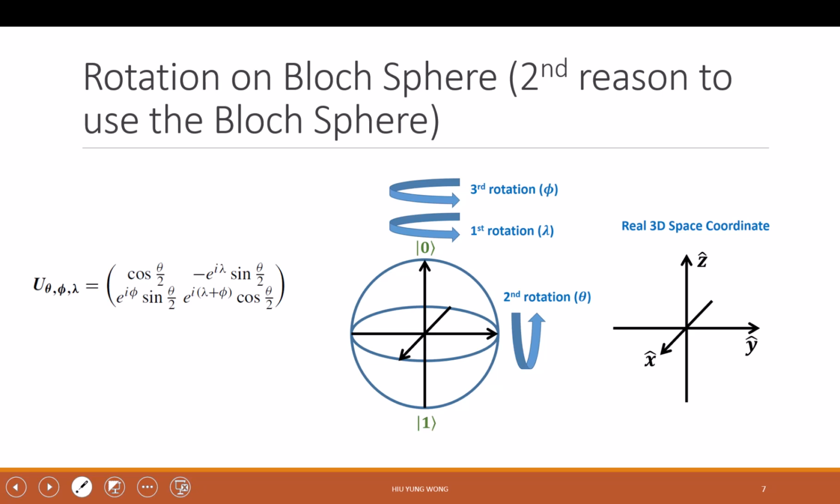We know it is not really rotating in 3D, it's just rotating on the Bloch sphere, but because we embed the Bloch sphere in our 3D space, we can definitely say it rotates about the z-axis. So when we say I have a state and I want to rotate it about the z-axis, it means that it rotates on the Bloch sphere embedded in our real 3D space. Okay?